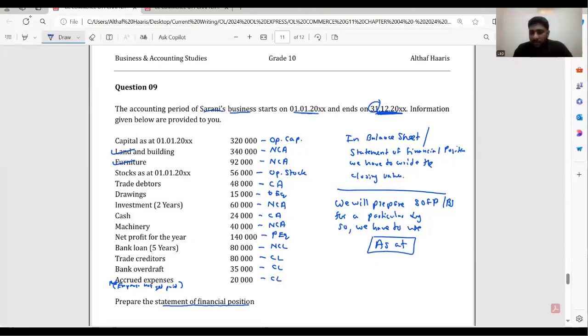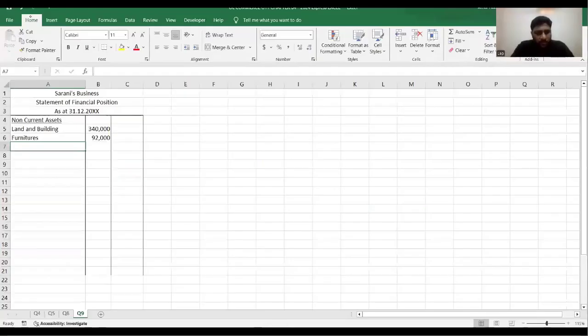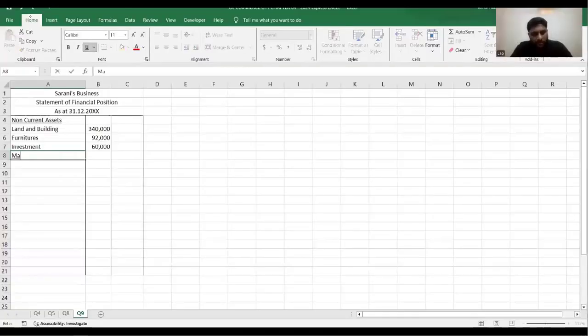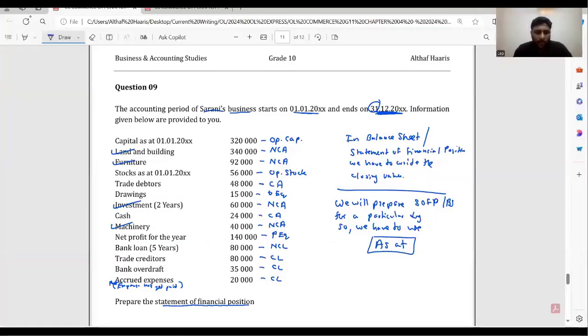Then investments, the 2-year investment, 60,000. Then we have machinery, 40,000. So we are done with all the non-current assets.